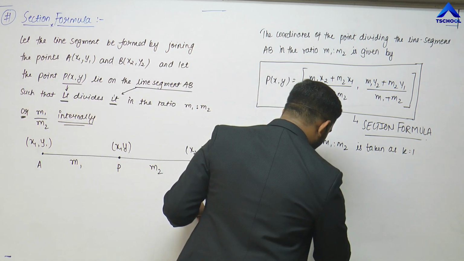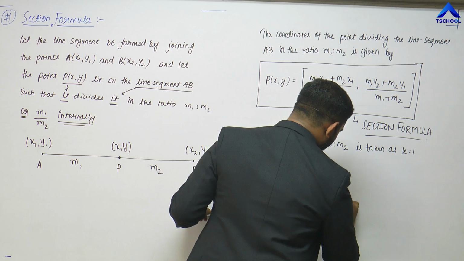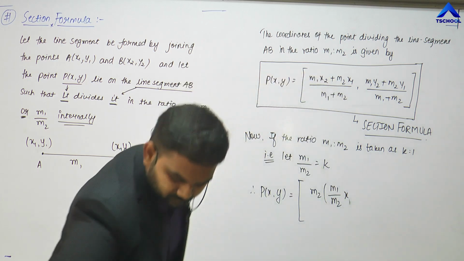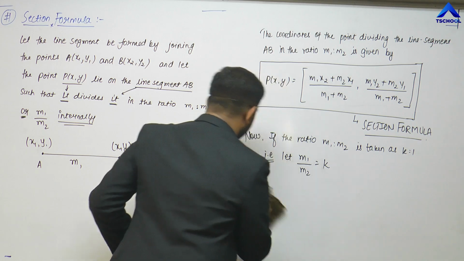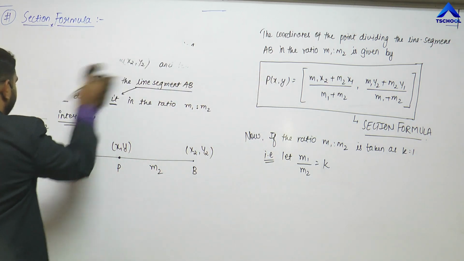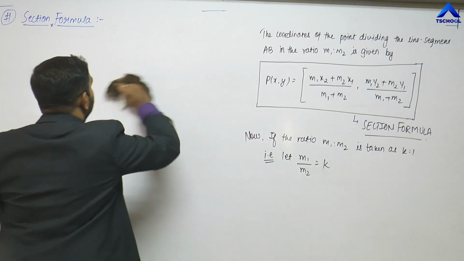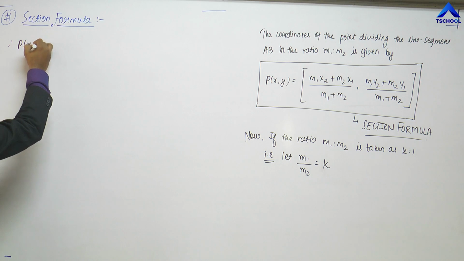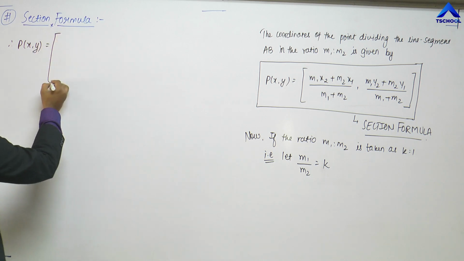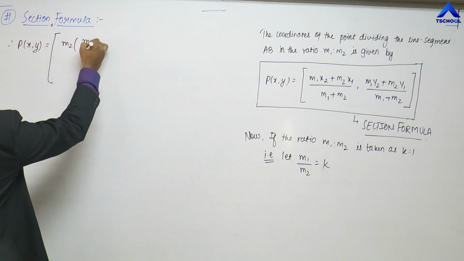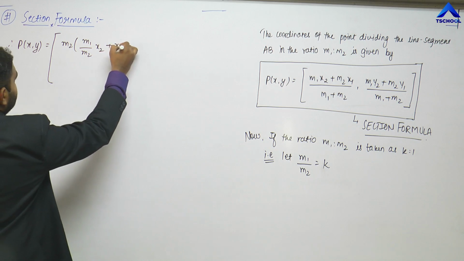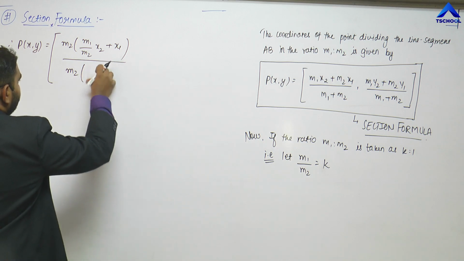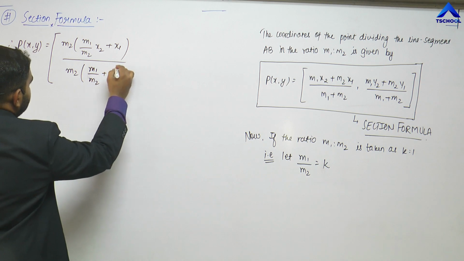So if I take m2 common, that is m2 into (m1 upon m2 into x2 plus x1) upon m2 into (m1 upon m2 plus 1).